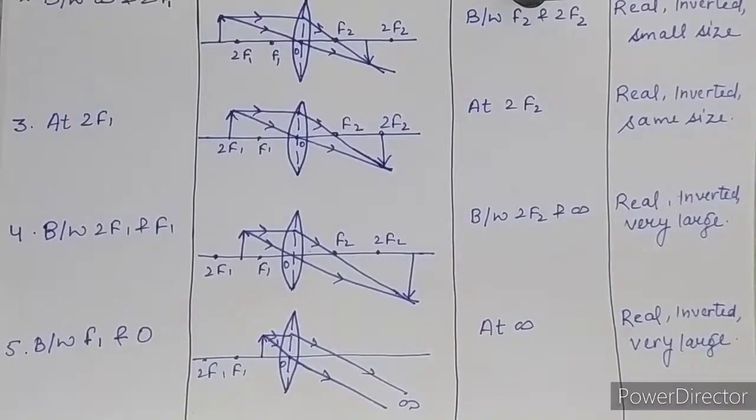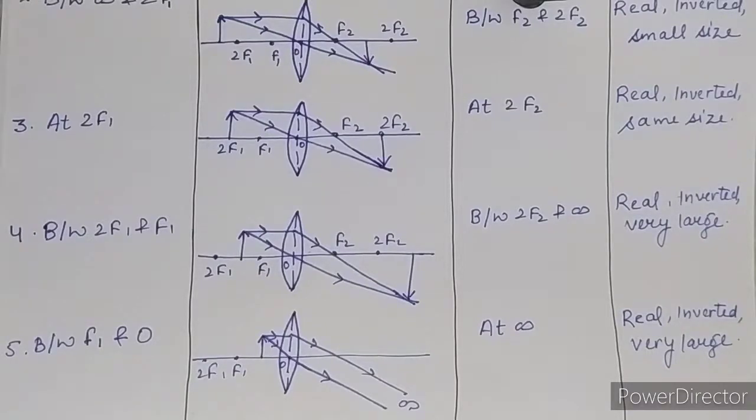So here we have discussed the 5 ray diagrams, the 5 image formations of the convex lens, and the same conditions are going on which we used for the concave mirror. The thing is that here the center of curvature is considered as 2f, and here we have 2 surfaces, while the remaining things are the same.